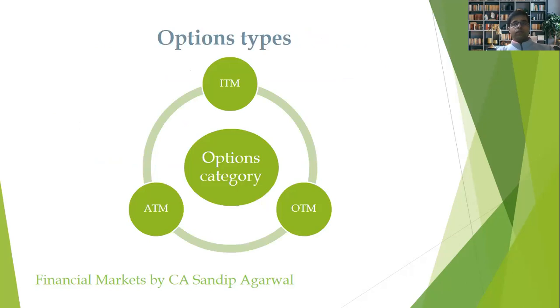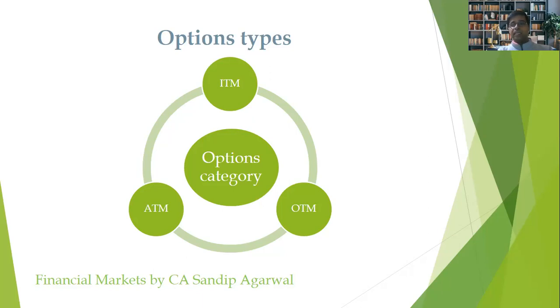We have learned in the first video that there are basically two types of option: European option and American option. In India, we follow only European option. Under European option, we have the call option and the put option, which have been explained in detail in the first video. Under each of the call option and put option, we have three option types.